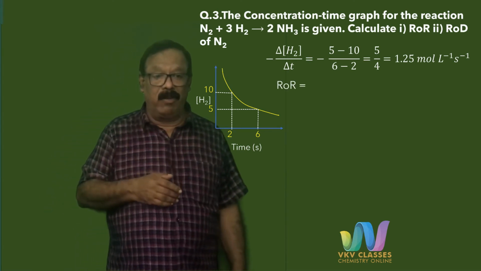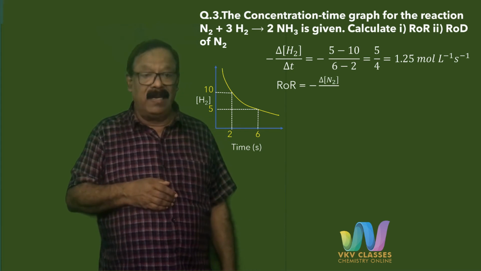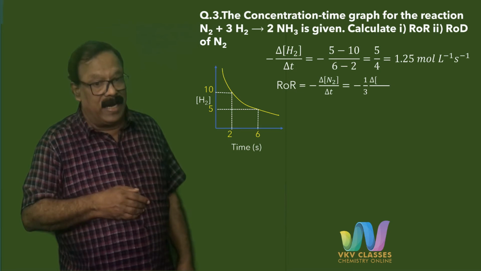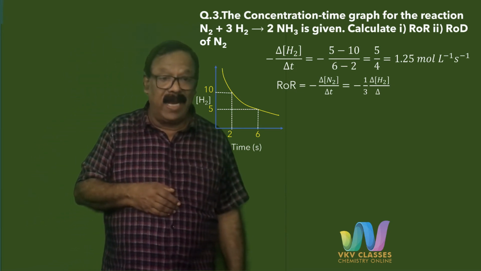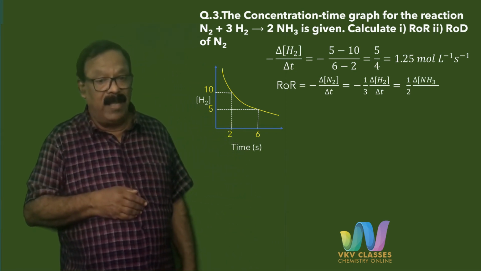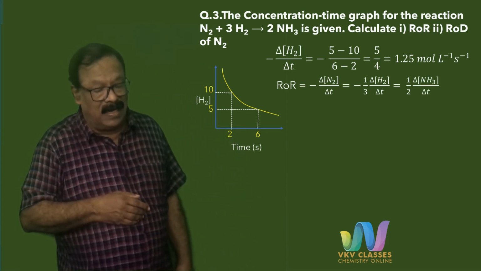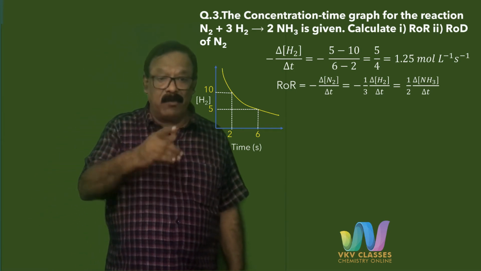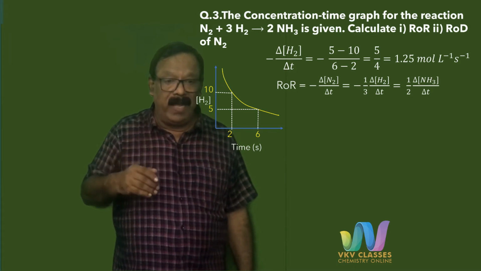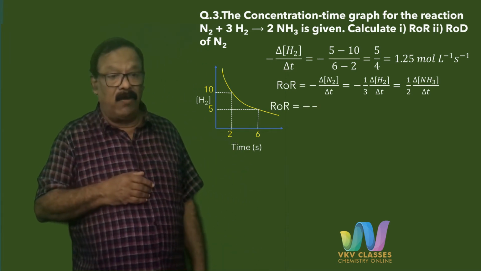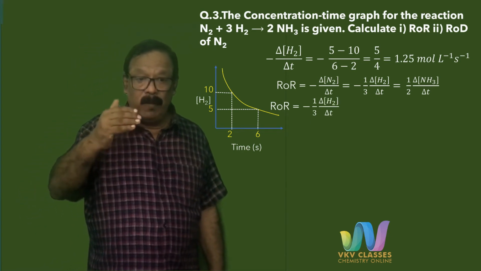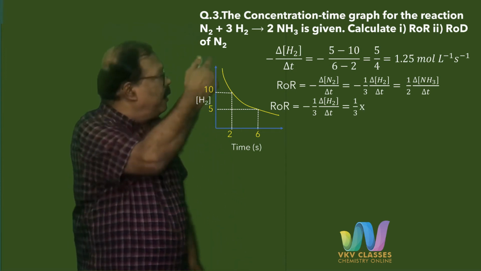Then you have to calculate the rate of reaction. Rate of reaction is minus delta N2 by delta T. This is equal to minus 1/3 delta of hydrogen by delta T equal to plus 1/2 delta NH3 by delta T. But in terms of hydrogen, it will be 1/3 delta H2 by delta T. So rate of reaction will be minus 1/3 into delta H2 by delta T. We take only hydrogen.